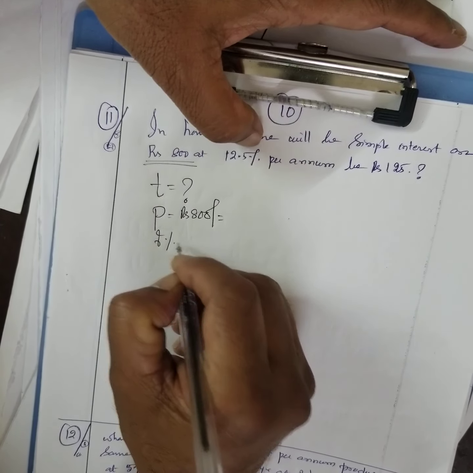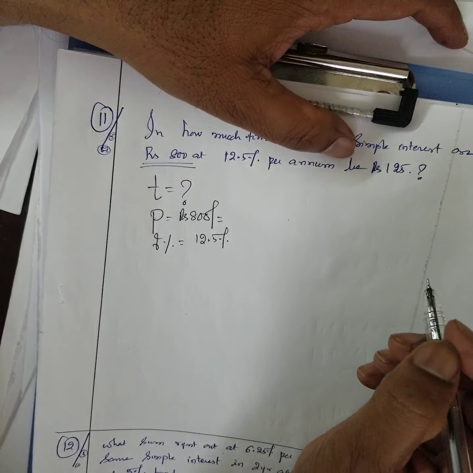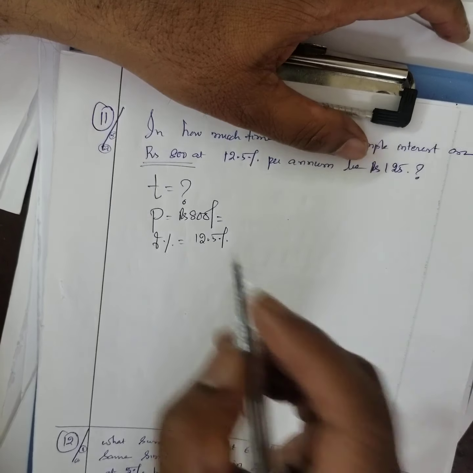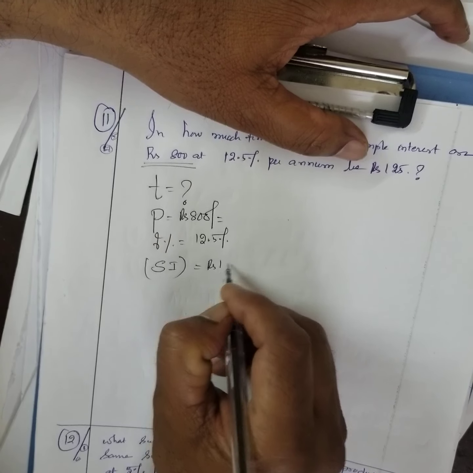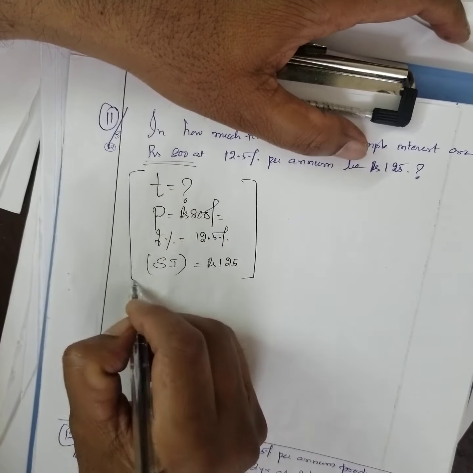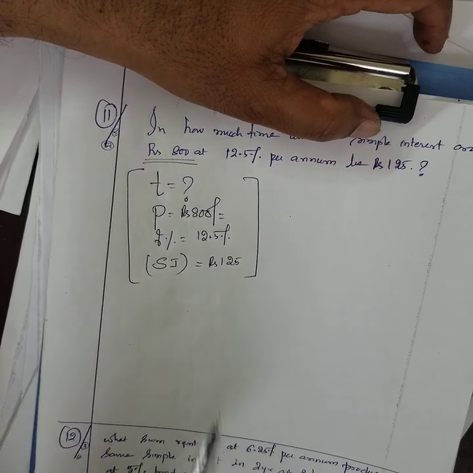The rate of interest is 12.5%, so that the simple interest will be 125. That means the simple interest is rupees 125. Read it properly. By how much time will be the simple interest?